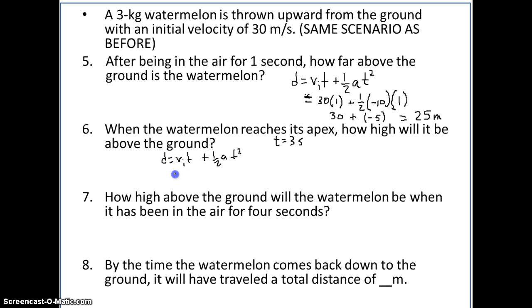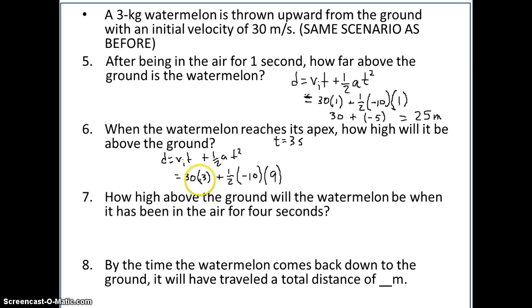How high will it be? Well, the VI is 30, time 3, plus 1/2 times negative 10, T squared is 3 squared. 3 squared is 9.